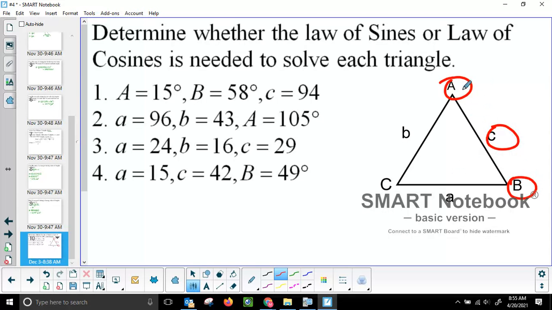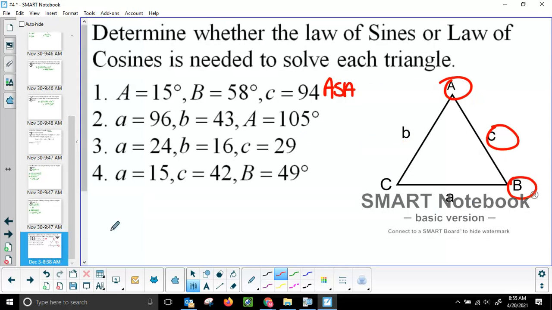You don't always want to go clockwise or always counterclockwise; you want to go to the things closest to it. You don't want to be jumping over 3 different pieces. So in this case, you would have angle, side, angle.